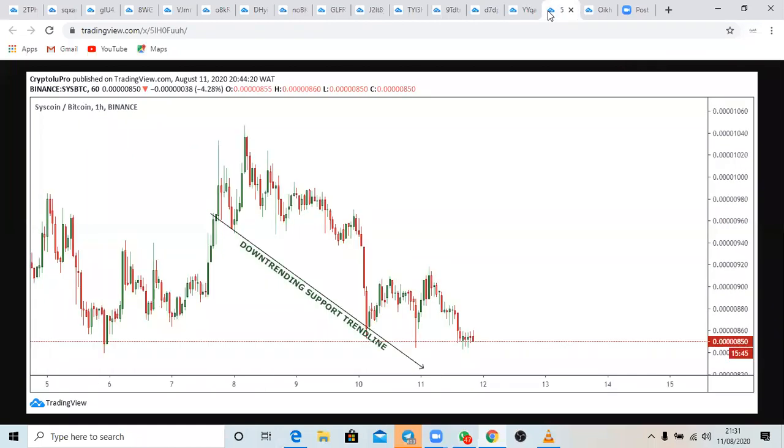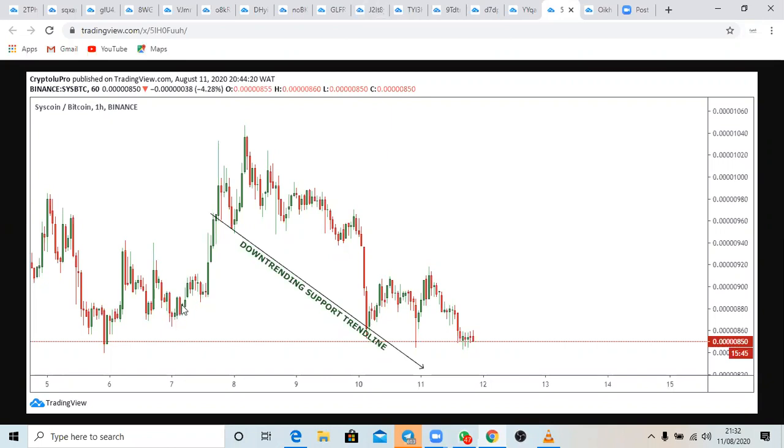Okay, another example. Now, this is another example of a downtrending support trend line. As you can see here, we had a first touch and we had a second touch. So if you saw the first picture that I sent of the first 3 students, then you understand what a downtrending support trend line means. That is, this trend line is holding price from passing through it.